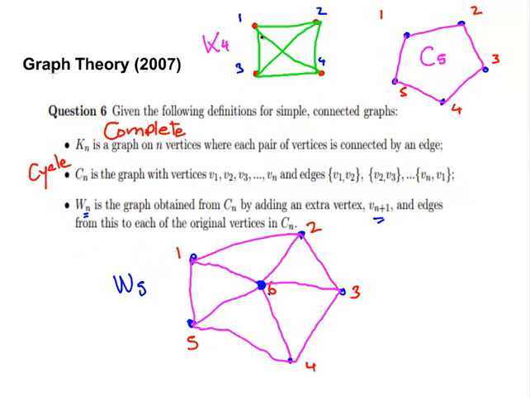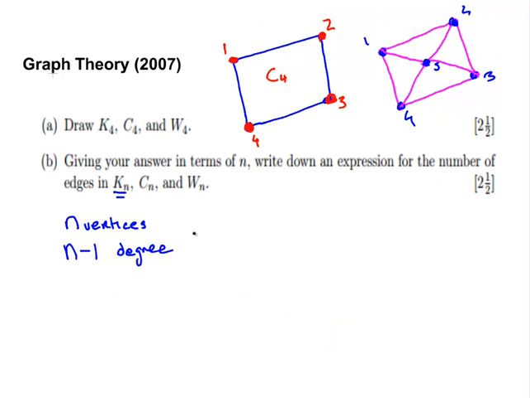They're connected to each of the other vertices, so there are n minus 1 other vertices. So multiplying them out and dividing that by 2, n times n minus 1 over 2 is an expression for the number of edges. Just remember, edges get counted twice when you're talking about the degree sequence. An edge gets counted twice, from the point of view of one vertex and from the point of view of the other. So that's why you have to divide by 2.